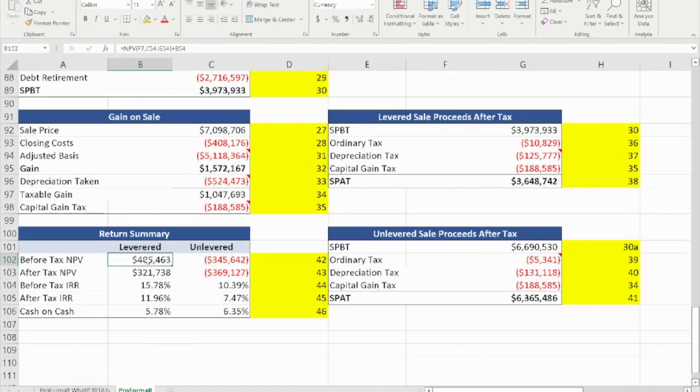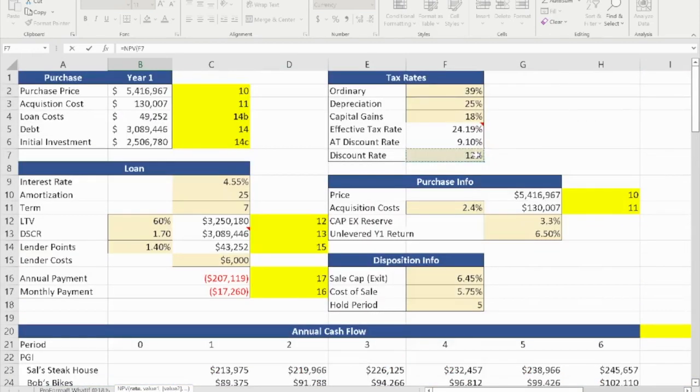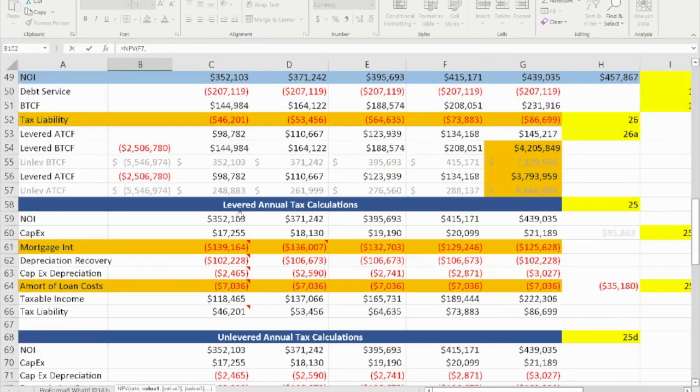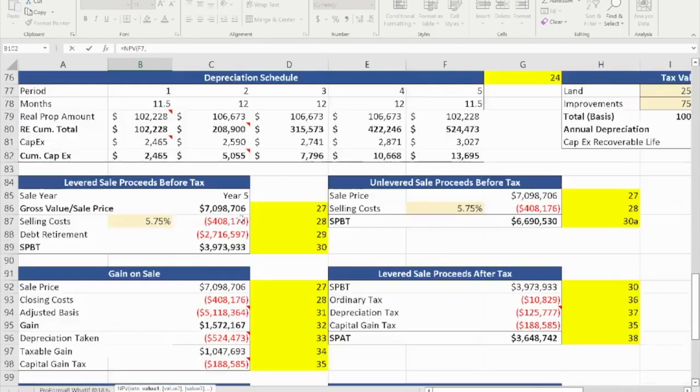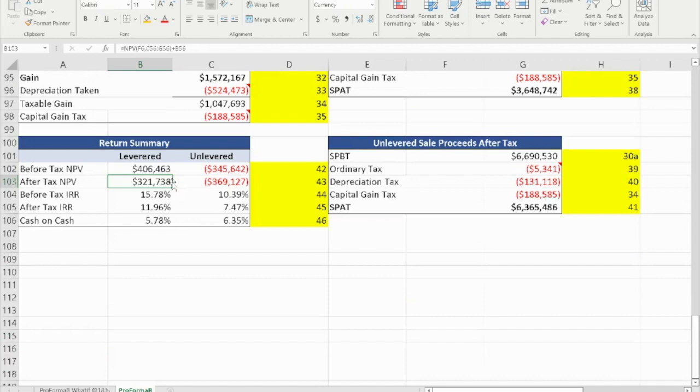So what we're doing here is we're saying equal NPV, the rate, which is 12%, comma, we're going to go down to the levered before tax cash flow, all the years, close paren, and we're going to add the year 0, which should give us the $406,000.